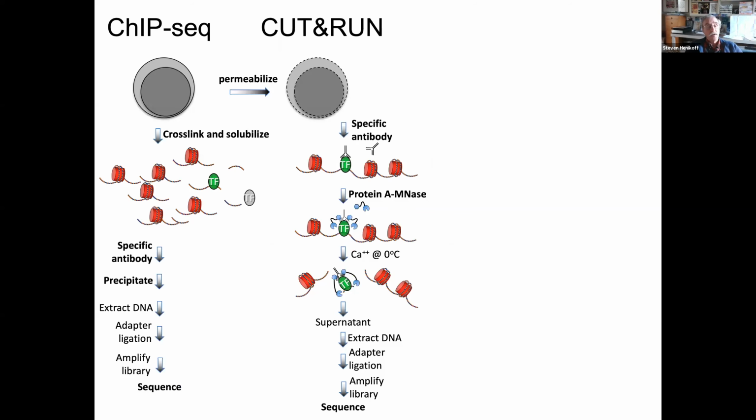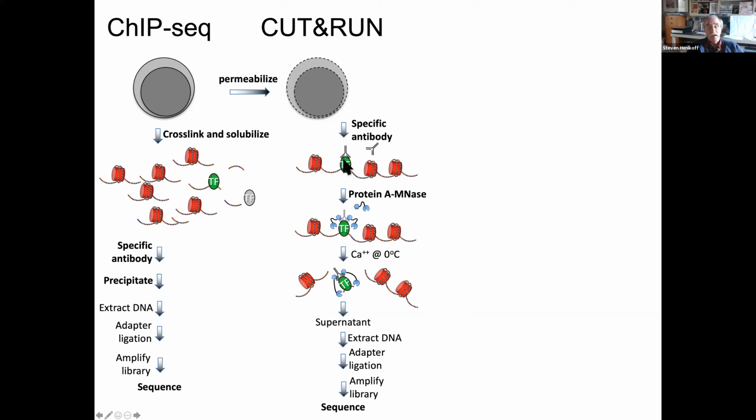By way of introduction, let me point out that the enzyme tethering method of CUT&Tag, like CUT&RUN, is fundamentally different from ChIP-seq in the following ways. With ChIP-seq, you start out by cross-linking and solubilizing, whereas with CUT&RUN, we just permeabilize cells and the cells remain intact throughout the entire protocol. With ChIP-seq, you would then add a specific antibody to the solution, but here we're allowing the antibody to diffuse into the permeabilized cells.